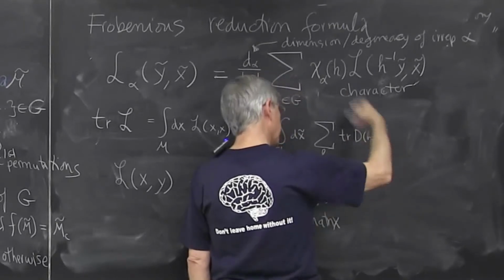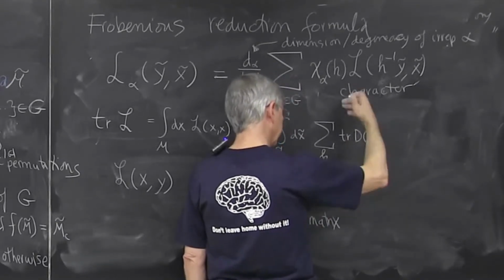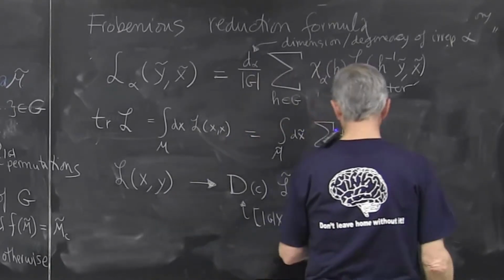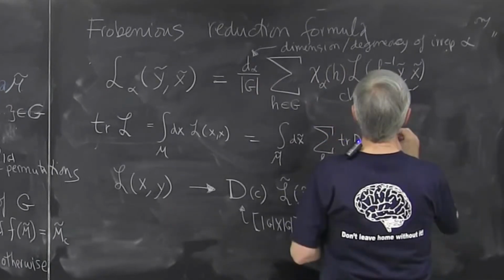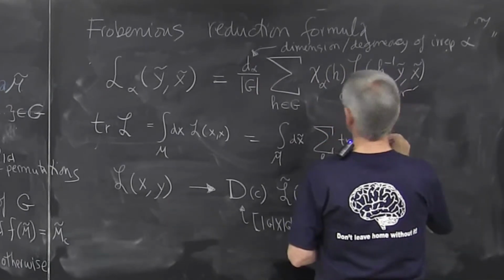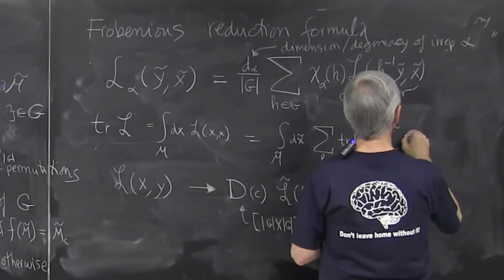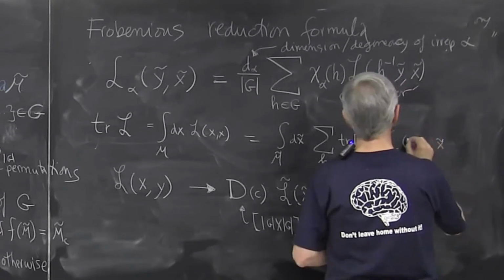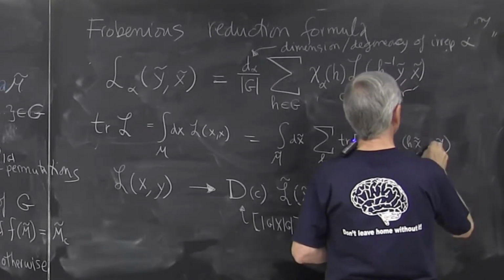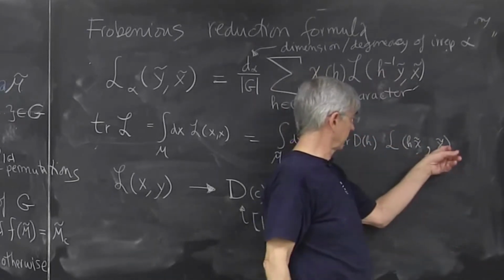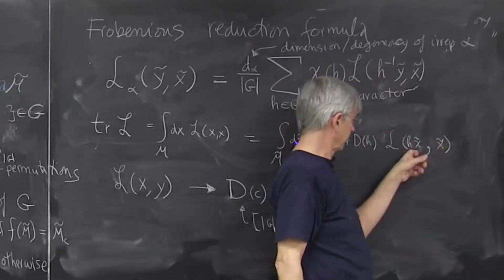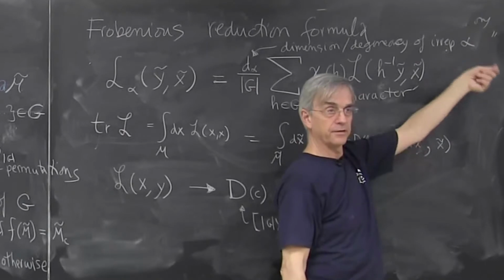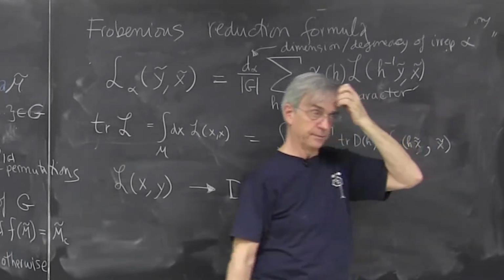So this is some number. It's a trace of matrix with zeros and ones. So it's some integer. Could be negative, could be positive, but whatever. And then trace lambda of tilde. So evolution operator that only moves you. This is more explicit. Something where you get a contribution that either you come exactly back, that's periodic orbit and H is identity element, or you progress to another cell that's called a relative periodic orbit.